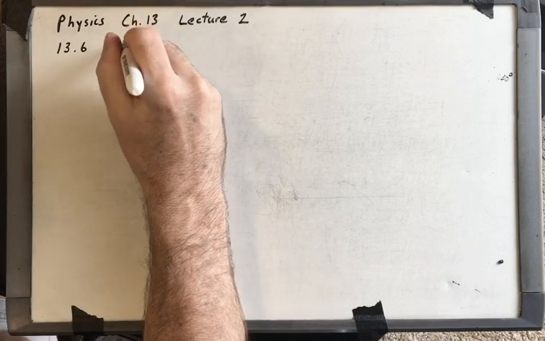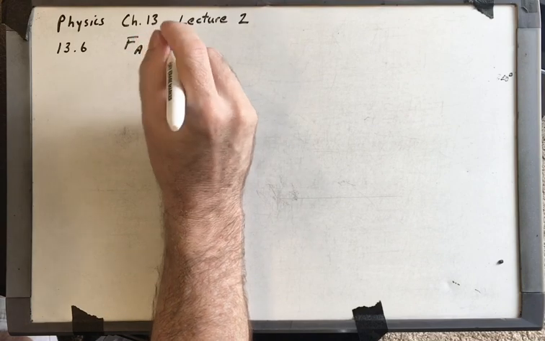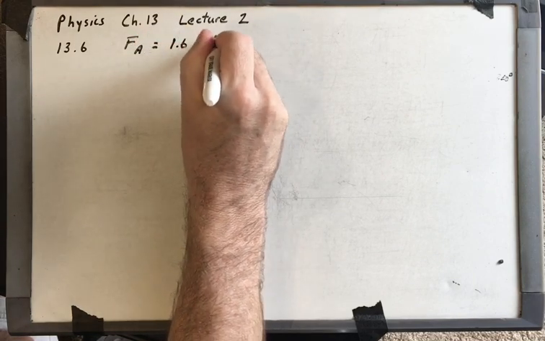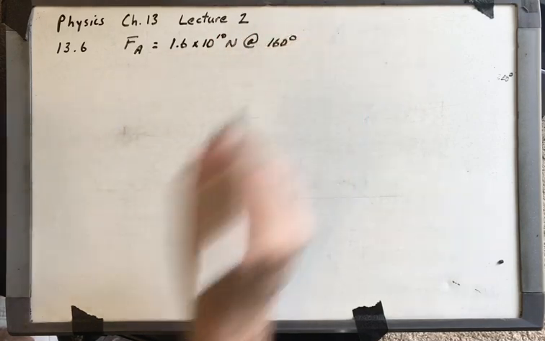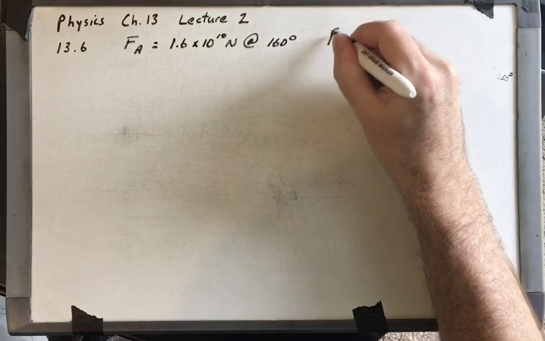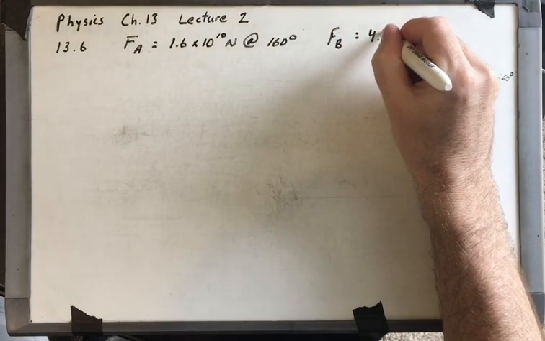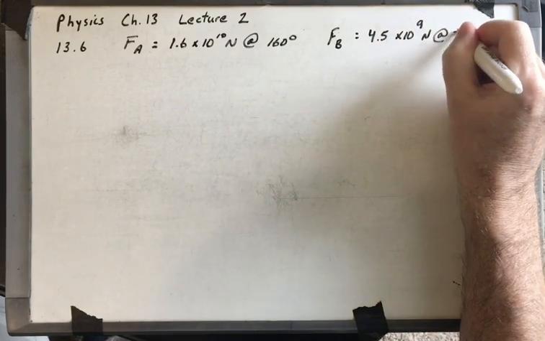All right, just writing this down again, we had the force on A is 1.6 times 10 to the 10th newtons at 160 degrees. And the force on B is 4.5 times 10 to the 9th newtons, and that's at 210 degrees.